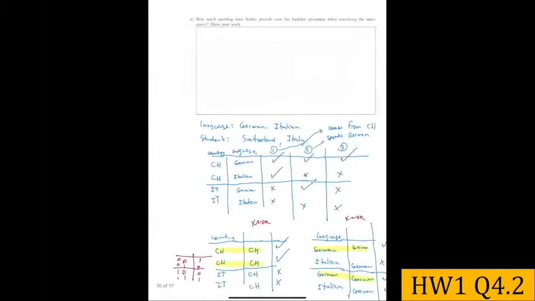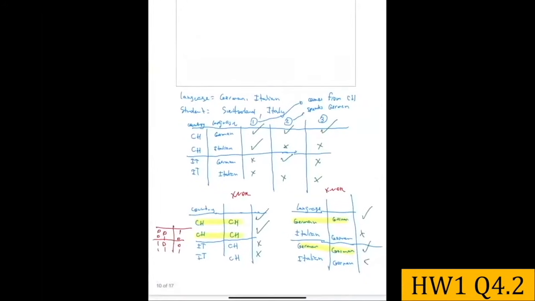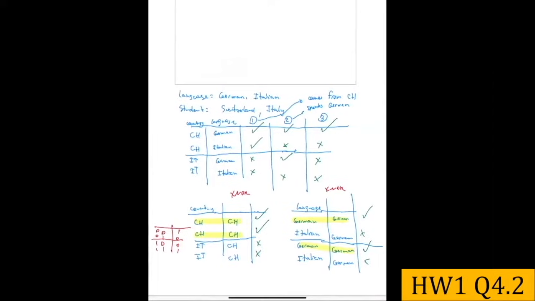So the trick in this question is pretty much that you're not trying to say that truth is equal to 1 and false is equal to 0, right?